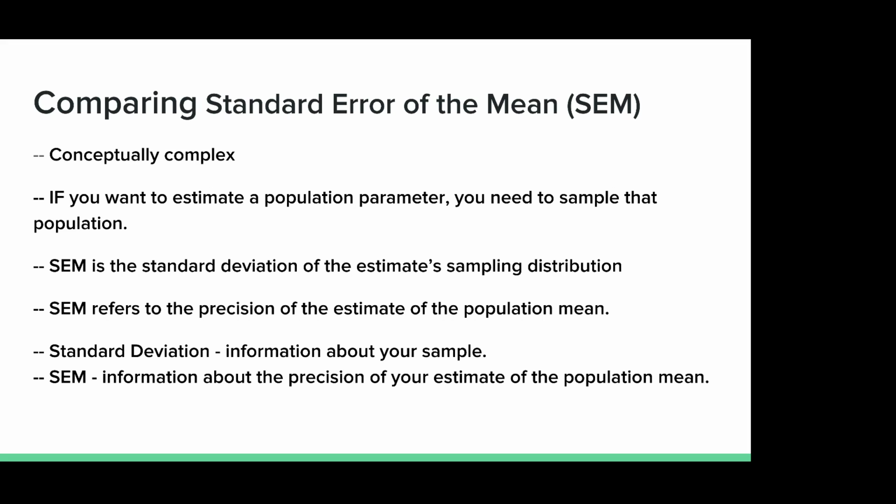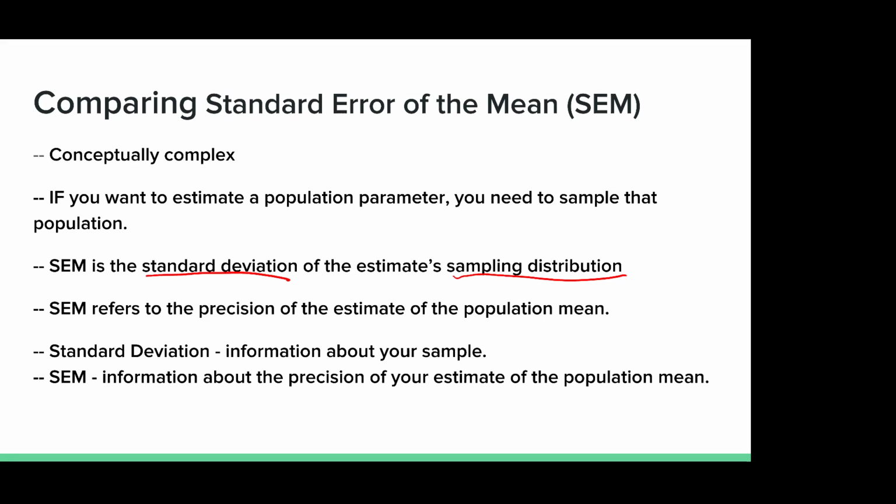It just doesn't. So if you want to estimate a population parameter, there's a whole field in statistics related to estimation. You sample the population, you get a SEM, and that SEM, because it'll be given to you, is the standard deviation of the estimate's sampling distribution.